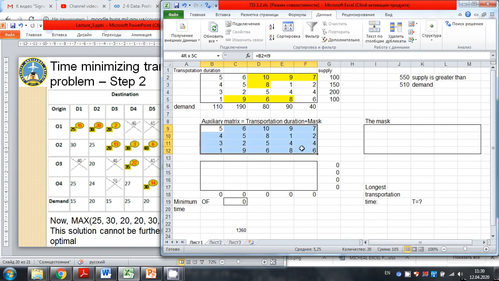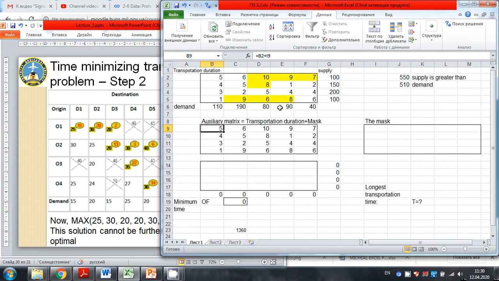The auxiliary matrix is actually a sum of our initial transportation duration matrix plus some mask. Using this mask, we'll be crossing out some elements of this matrix.